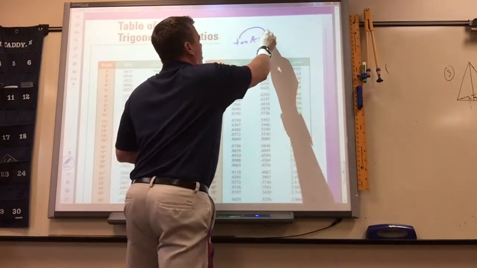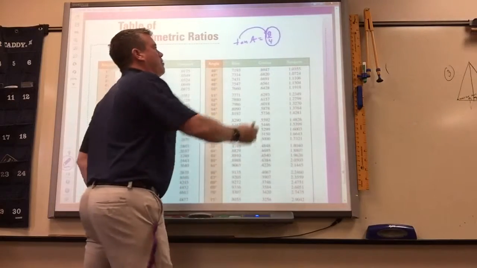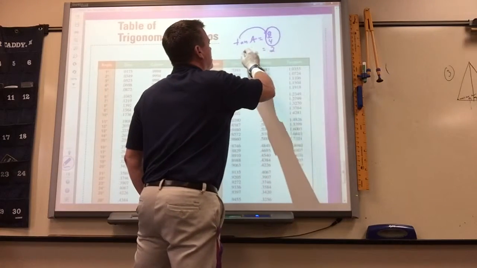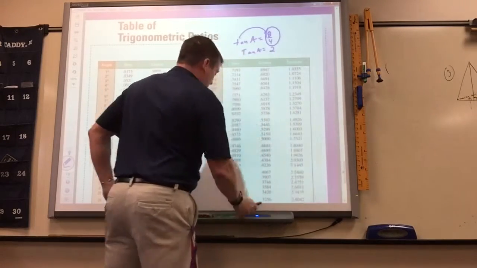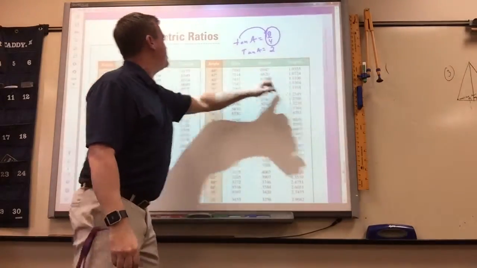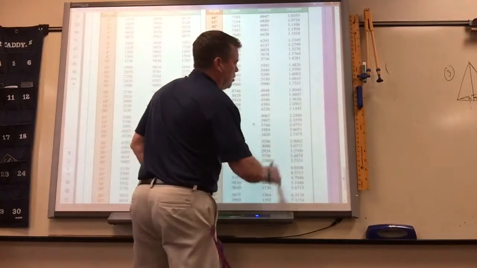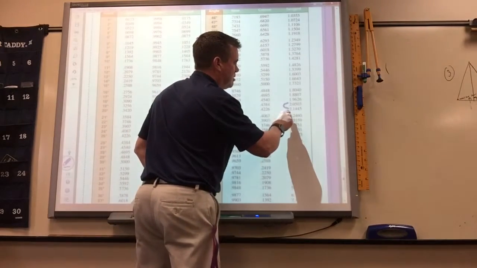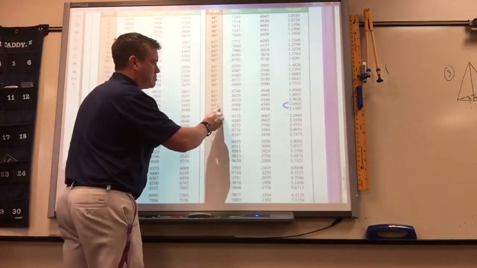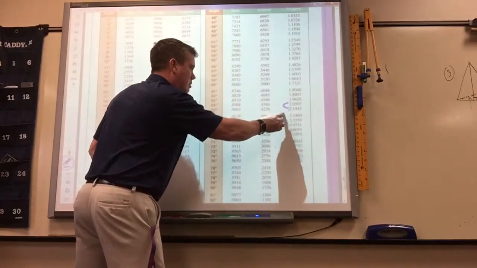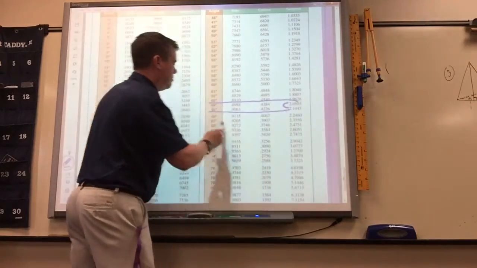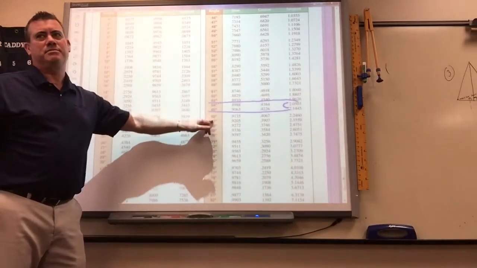So all we did is we took 8 divided by 4 and you got 2. And what we have to do is look on the tangent lines and find the number closest to 2, which is right here, between 64 and 65.